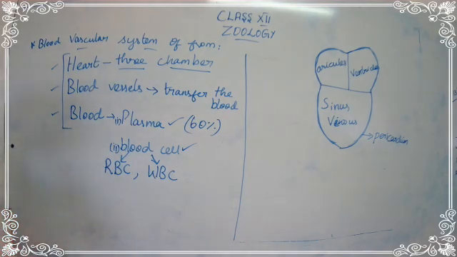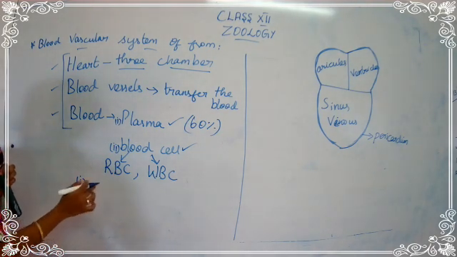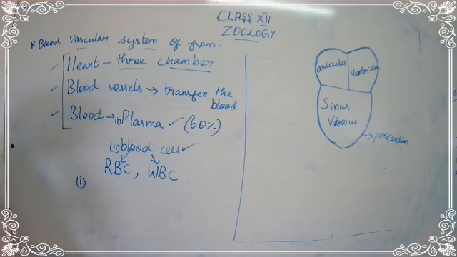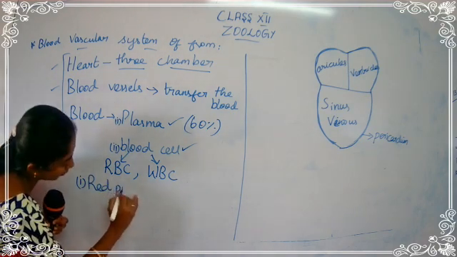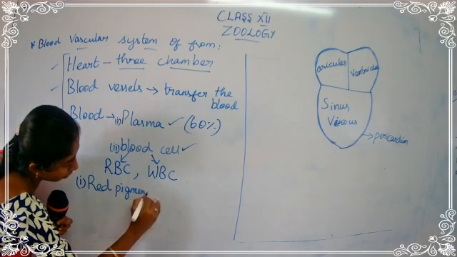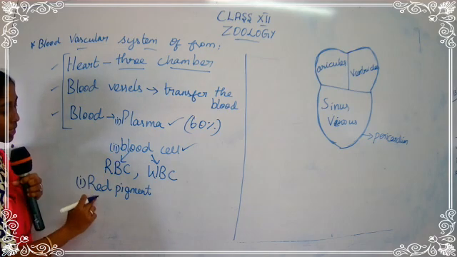Okay, so red blood cells are loaded with red pigment, nucleated and oval in shape. What are they? First of all, red blood cells are loaded with red pigments. That is a very important point. Okay. Red blood cells only have red pigments.